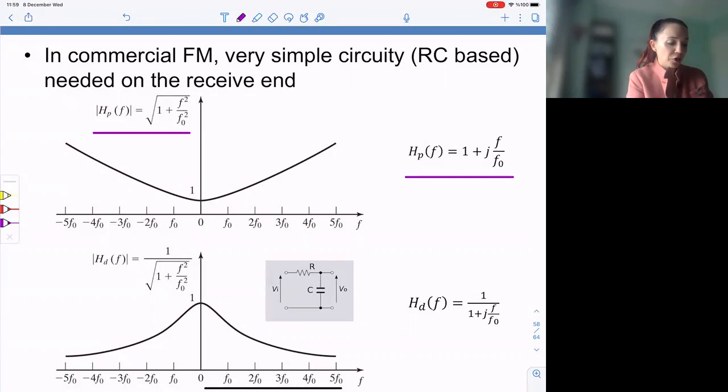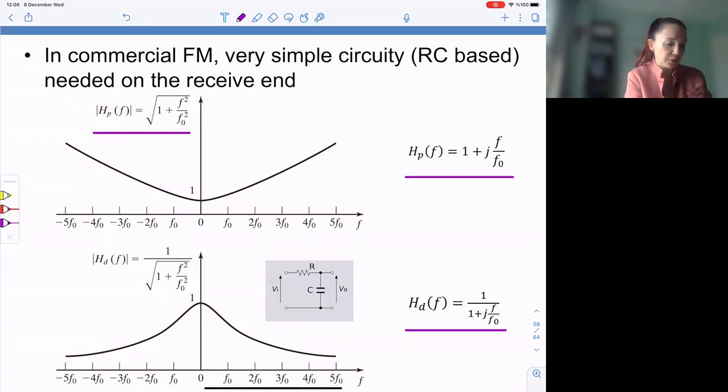So the corresponding inverse filter, this is clearly invertible, right? The inverse filter is obtained by inverting the transfer function. So HD of F is this.